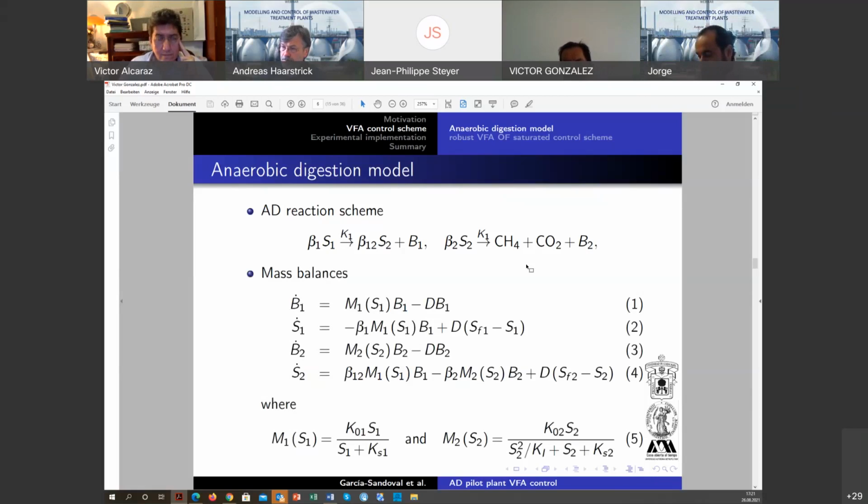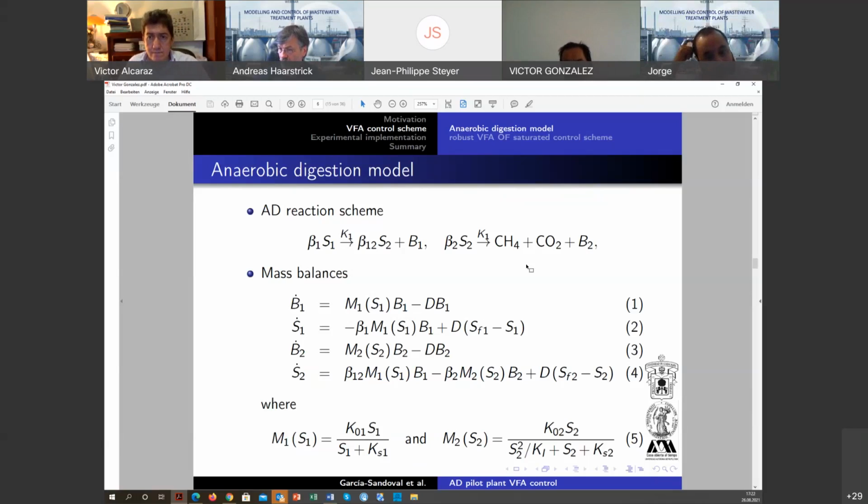The model is derived from the mass balances of the species involved: the organic matter, biomass 1 and biomass 2, which are the bacteria in the first step, and the archaea in the second step.